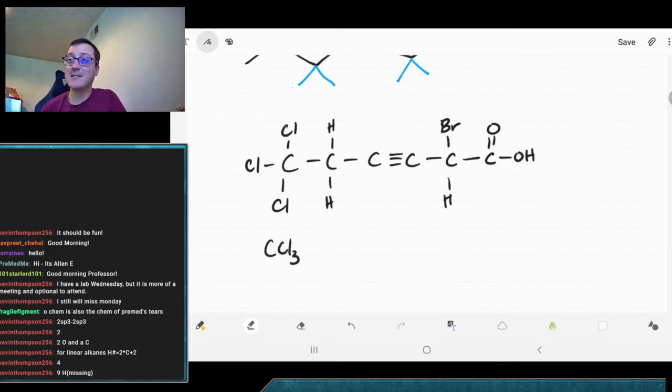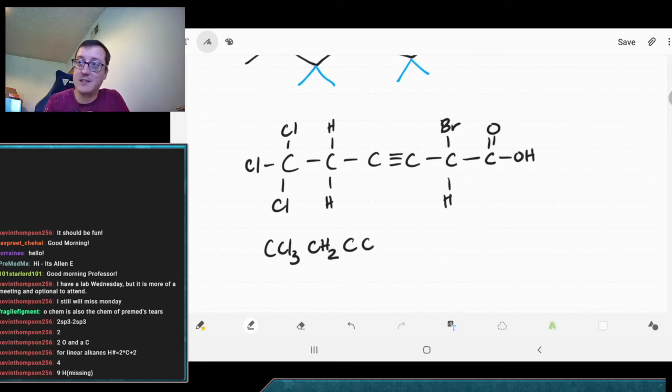We would write CCl3, so we always start with carbon and write everything that's on it. So that first one is CCl3. Next we have CH2, carbon with 2 hydrogens. Then we have C, nothing else on it, right? There's no hydrogens, chlorines, whatever.